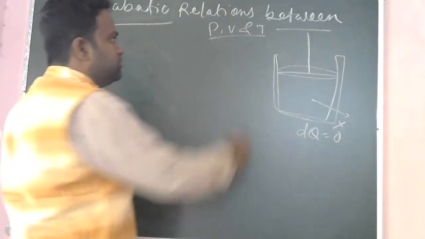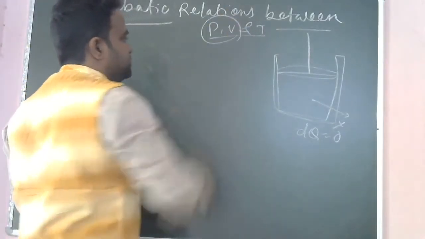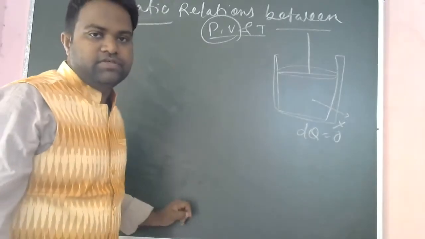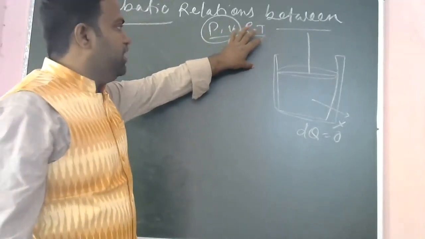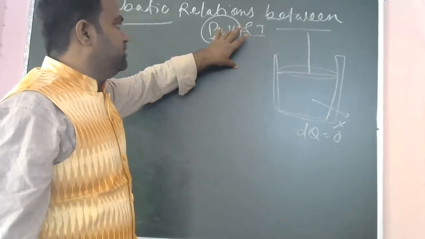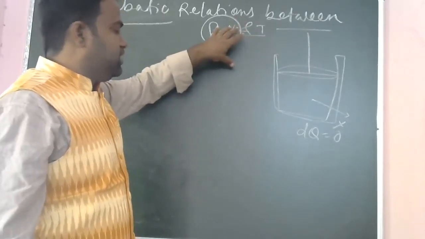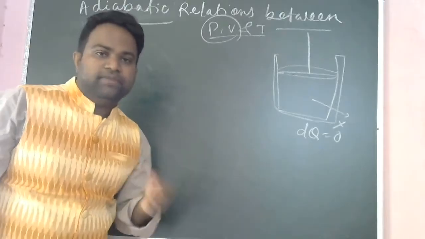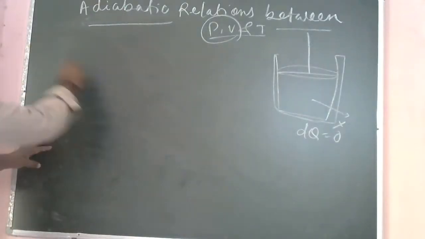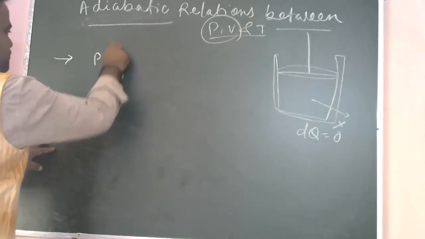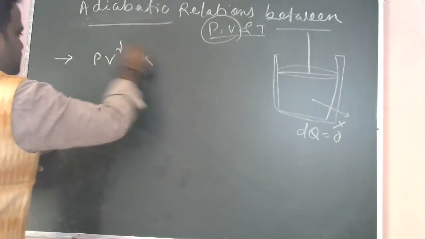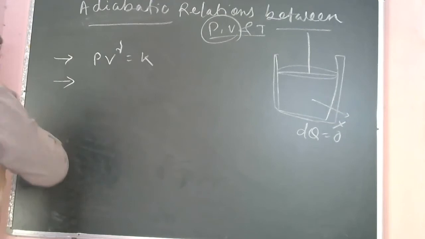So in this video we'll derive the relationship between P and V first. Then we'll find the relationship between pressure and temperature, and finally we'll derive the relationship between volume and temperature. Basically we'll derive PV to the power gamma is equal to constant, a very important relationship.